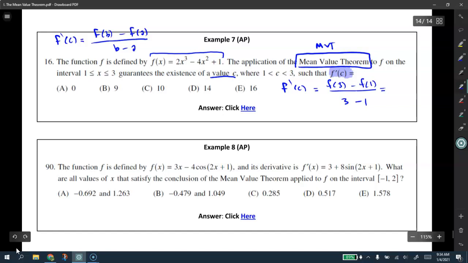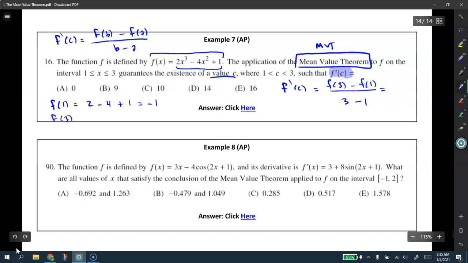So you have to go back to this function here and find f of 3 and f of 1. Start with f of 1. When we find f of 1, we end up with 2 minus 4 plus 1. 2 minus 4 is negative 2, and negative 2 plus 1 is negative 1. So f of 1 is negative 1.